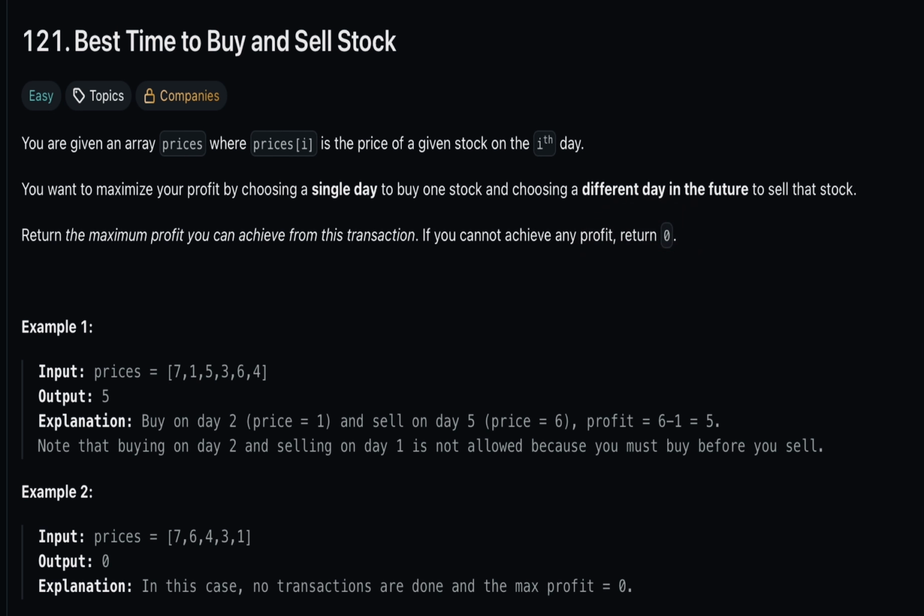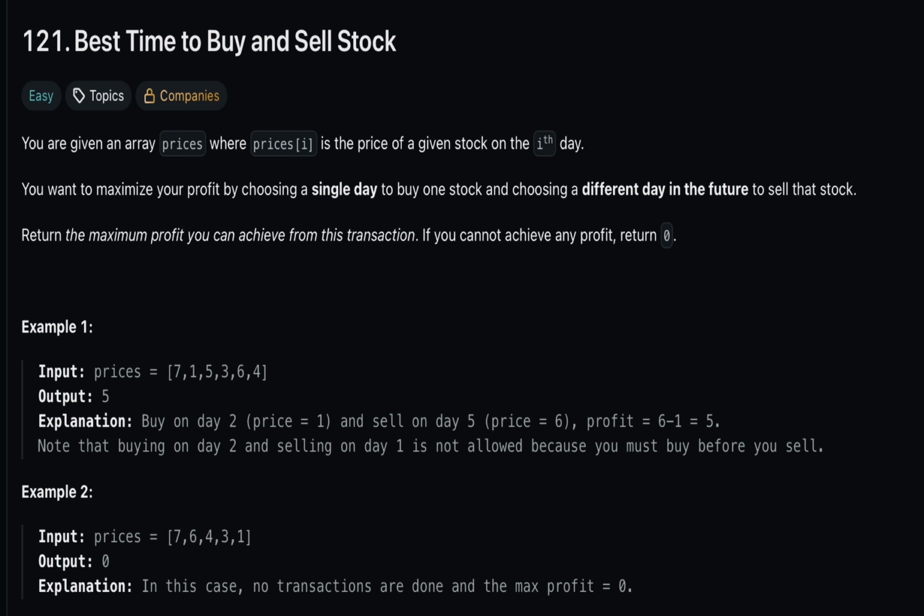See the example first. In this first example, you are given the price of the stock on the first day: 7, then next day 1, then 5, then 3, then 6, then 4. If you see the price of the stock on the first day is 7, then after that the price decreases to 1, then 5, 3, 6, 4. If you buy the stock on the first day, you don't get a profit.